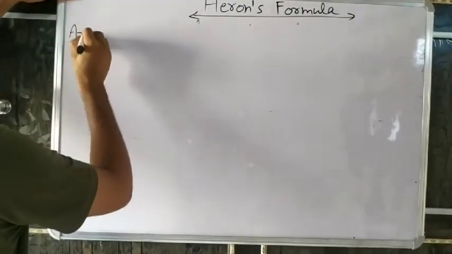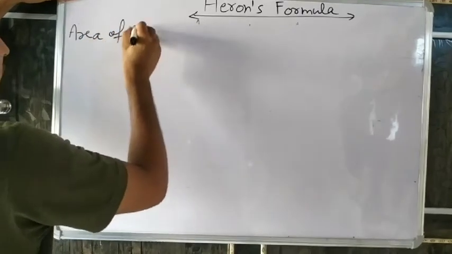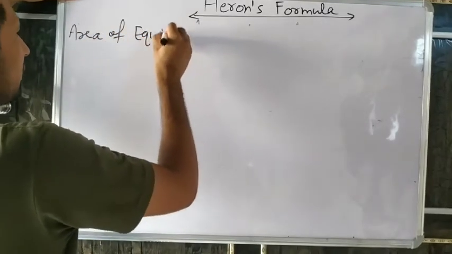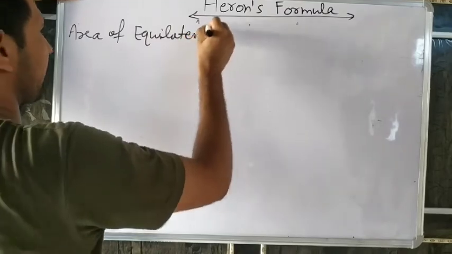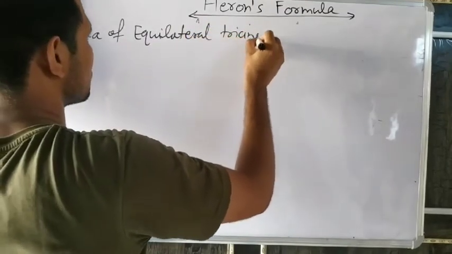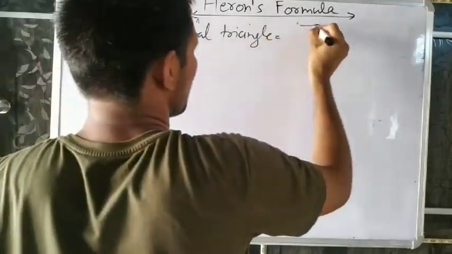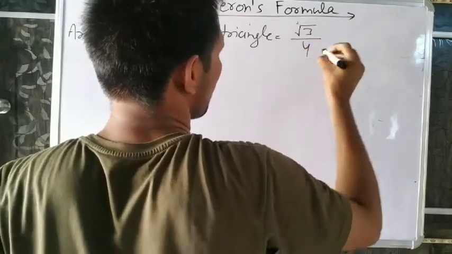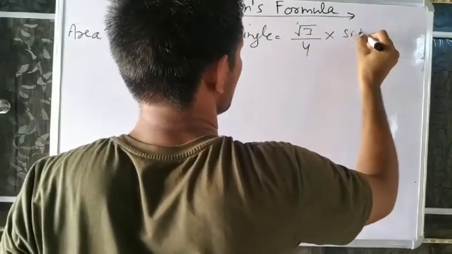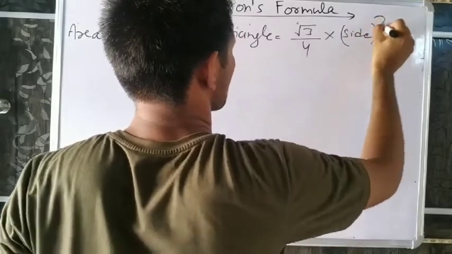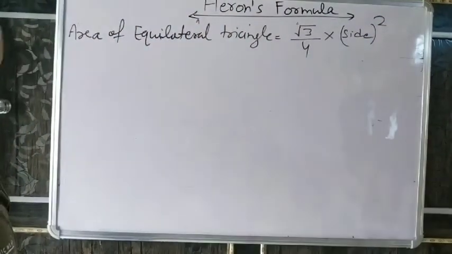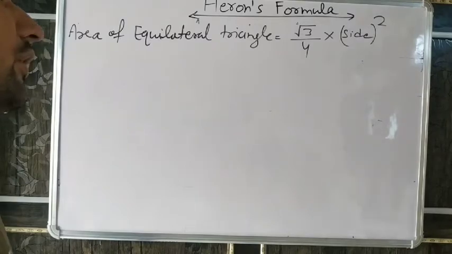So first I am writing the formula here. Area of equilateral triangle is root 3 by 4 into side square. So we should always remember these formulae. Then we can solve questions very fast.